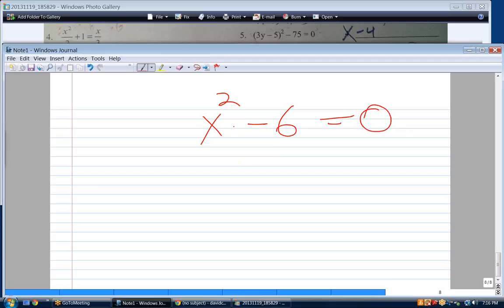It doesn't have an x term. So even though I could use the quadratic formula if I wanted to, I'm going to do it the easy way. Same thing I would have gotten had I used the quadratic formula. But I don't need the quadratic formula if I don't have a middle term with an x.